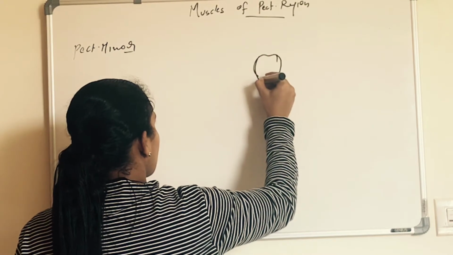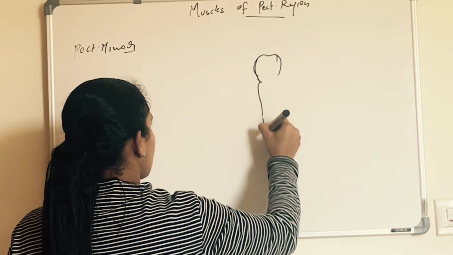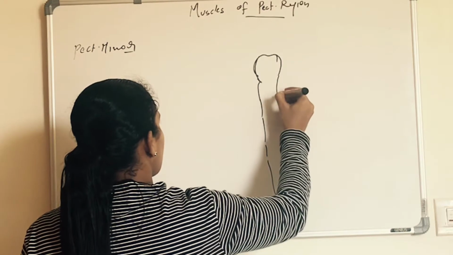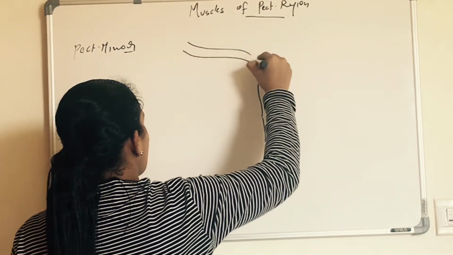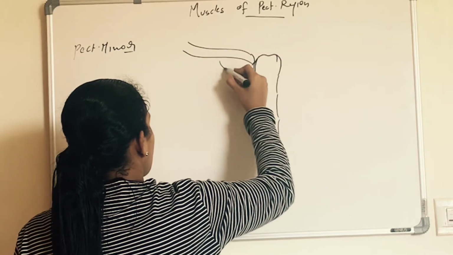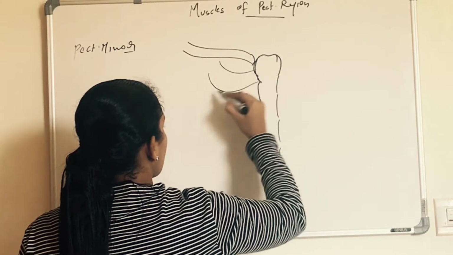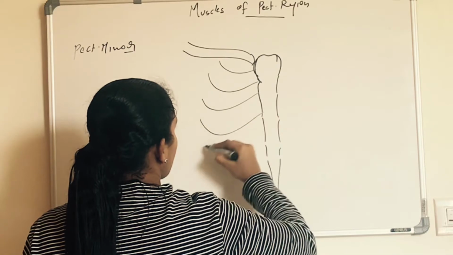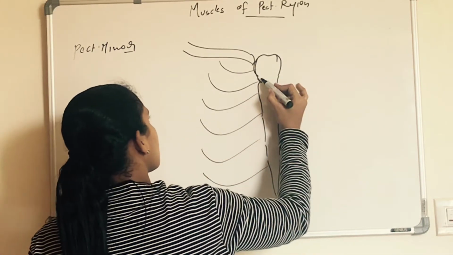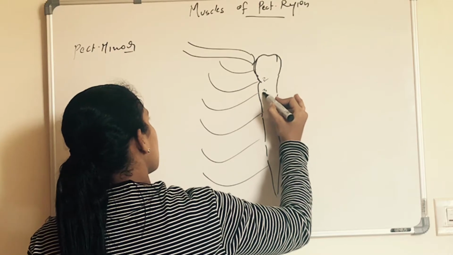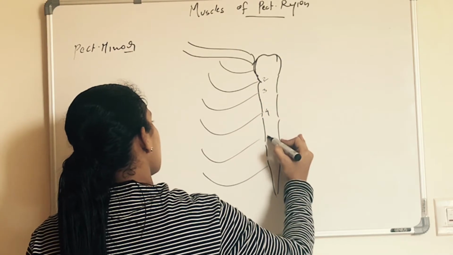Again, we're drawing the breastbone sternum with the facets for the articulation of 7 ribs. Clavicle articulates with the manubrium. Beneath the clavicle, you have first rib, second rib at the sternal angle or angle of Lewis. With the help of angle of Lewis, you can count the ribs.